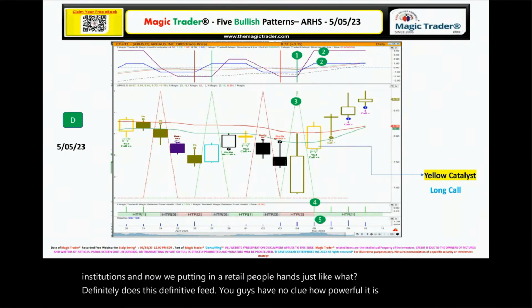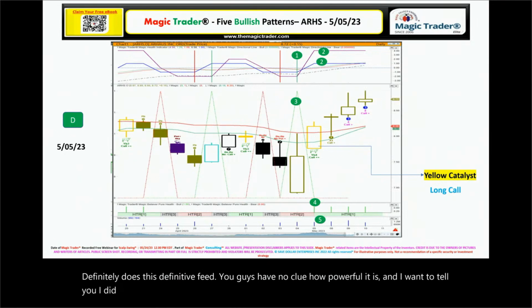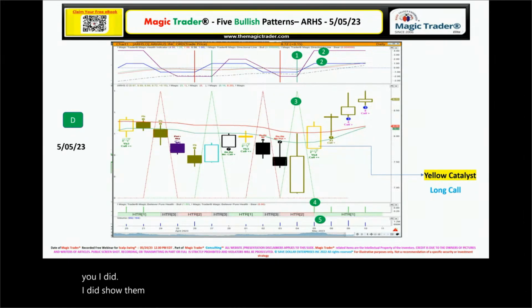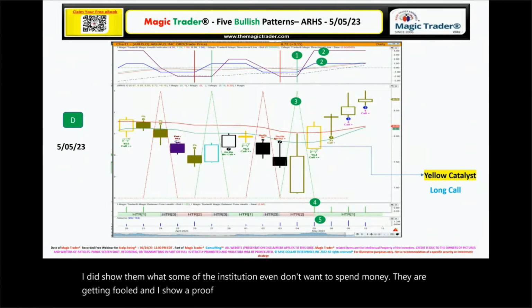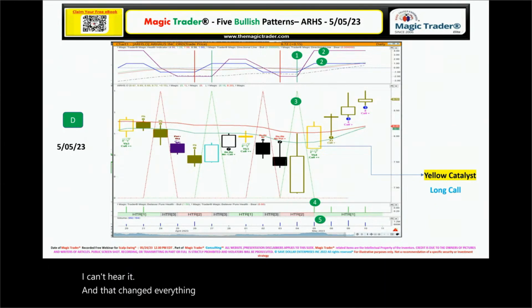And I want to tell you, I did show them what some of the institutions don't even want to spend money on. They are getting fooled. And I showed proof of what dark pools were doing. They didn't have the data. I can't have it. And that changed everything, the results.